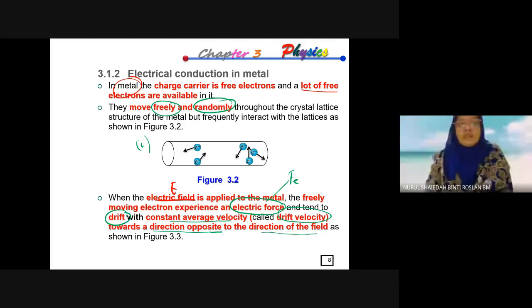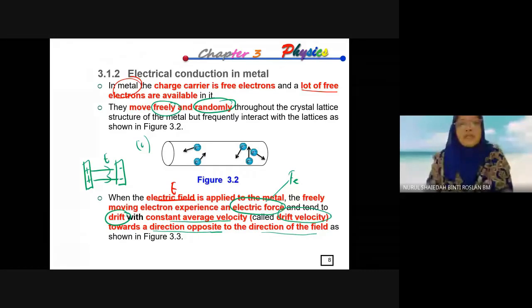But when we apply an electric field, what does apply electric field mean? It means you put the positive and negative terminals, so you put a battery. When you put a battery with positive and negative terminals, they have an electric field.